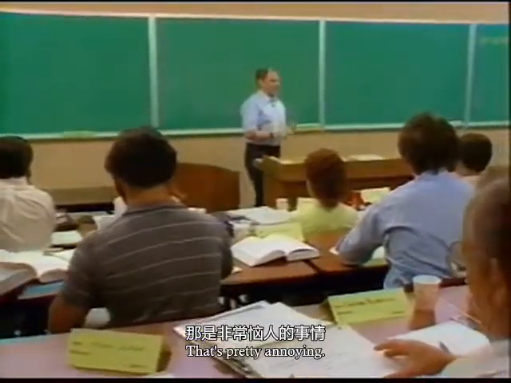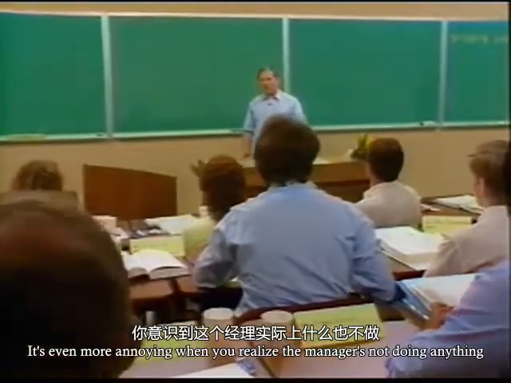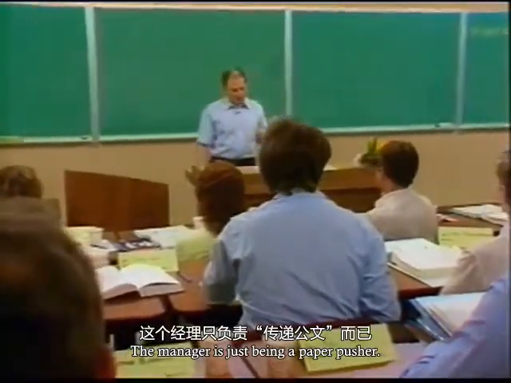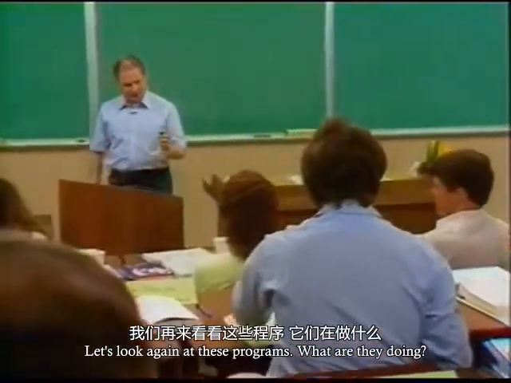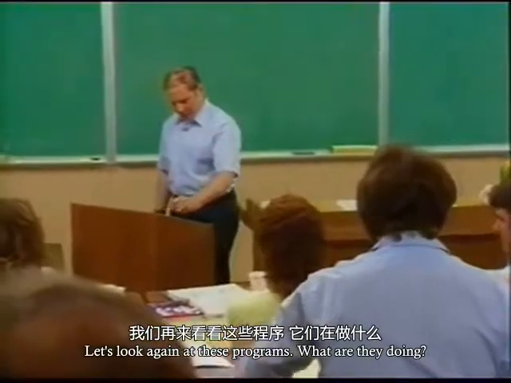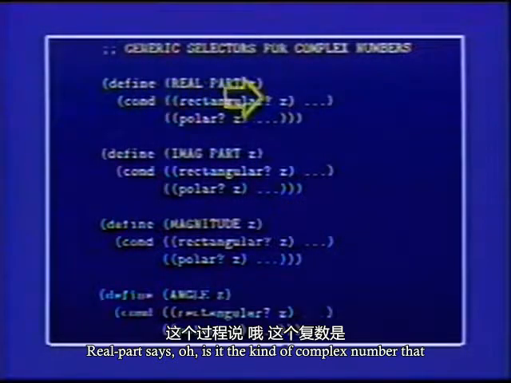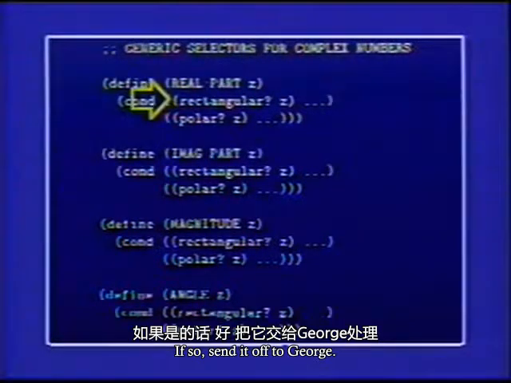That's pretty annoying. It's even more annoying when you realize the manager's not doing anything. Right? The manager is just being a paper pusher. Right, let's look again at these programs. What are they doing? What does real part do? Real part says, oh, is it the kind of complex number that George can handle? If so, send it off to George.